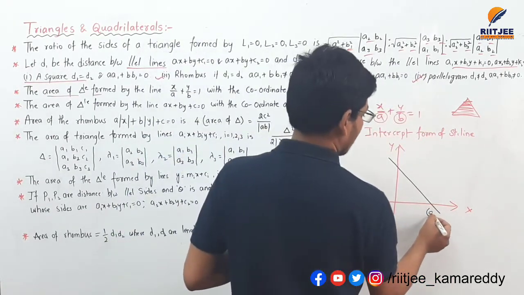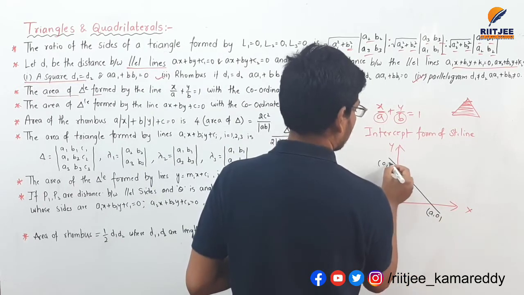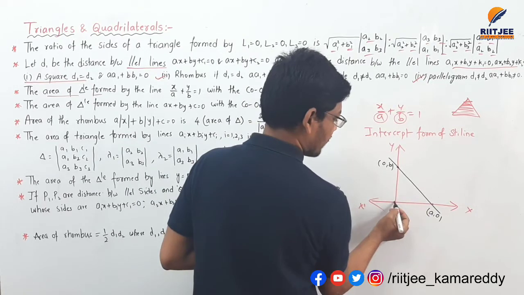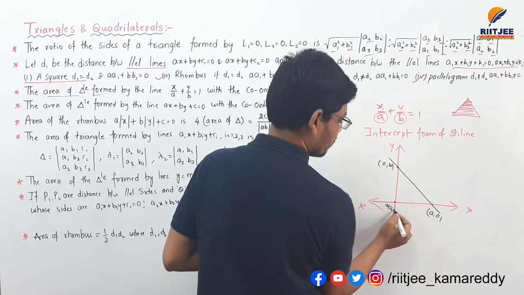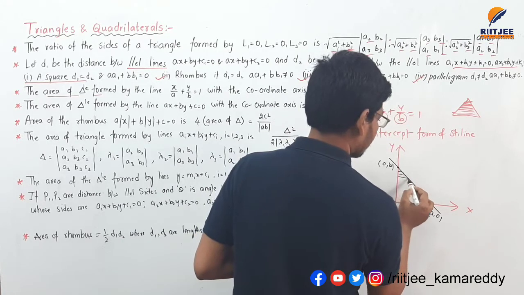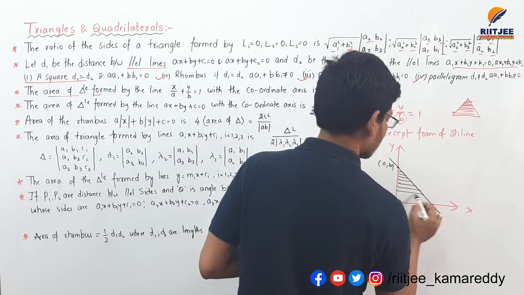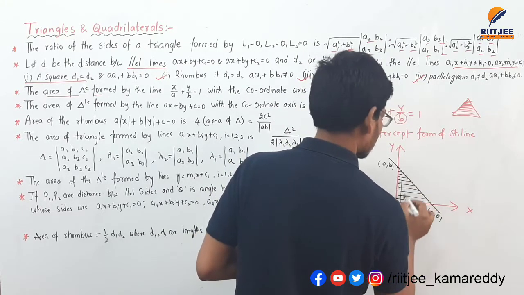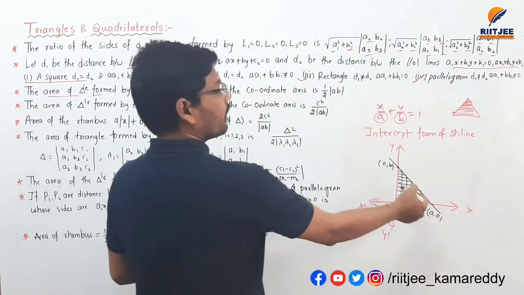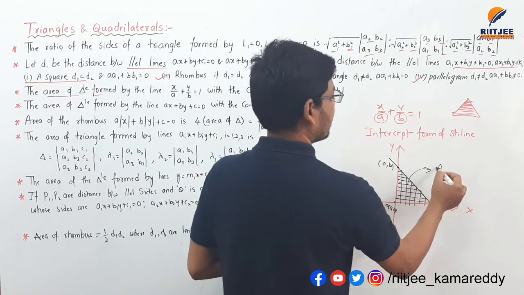Here this is a comma 0, this is 0 comma b. This is the point 0 comma 0, O. So here we framed a triangle. For this triangle, we want the area of the triangle.